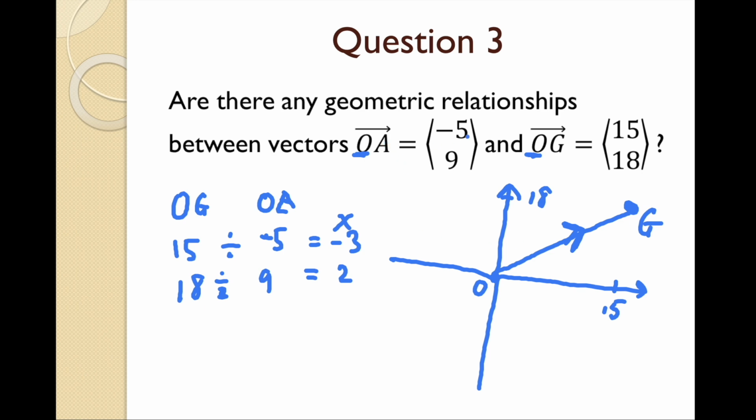Now for A, it's going to be, let me make this better. For A, it's going to be a -5 here, and then say a 9 probably somewhere here, right? So from here to here now, this is what letter? What letter would go here? A. So notice how the direction is.